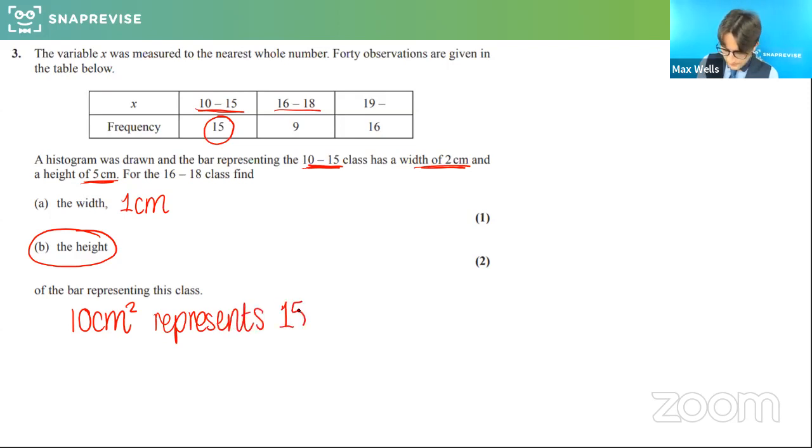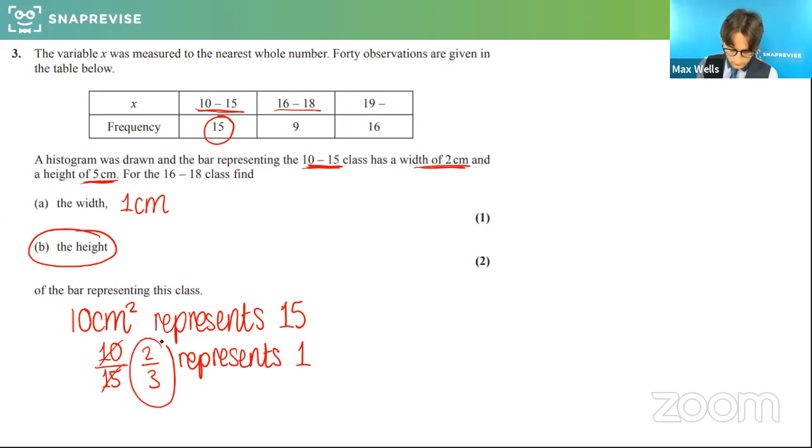So basically, let's work out what one person is represented by. If I divide 10 by 15, so 10 over 15, which is really the same as 2 over 3, that represents one person. So 2/3 of a centimeter squared is one person. So this is the factor I'm using.